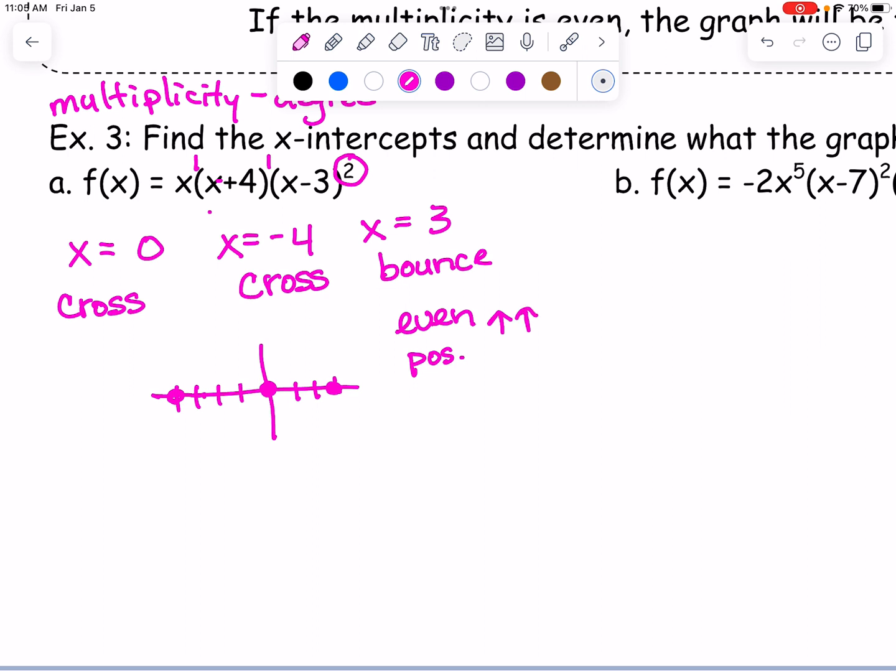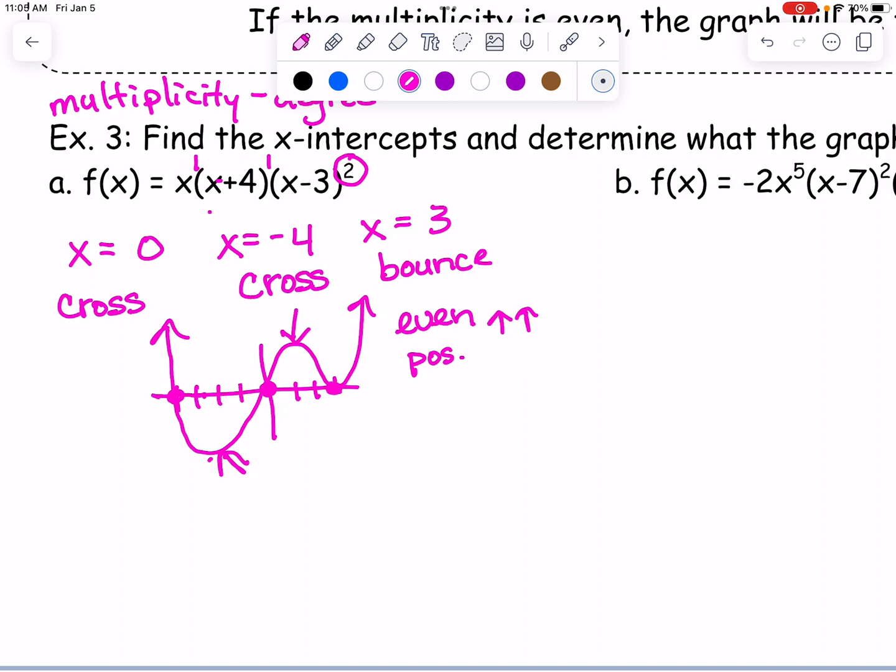So it's going to come from the top, go through 0, go to 3, bounce, and return. That's what your graph is going to look like. This is not an exact graph, this is just a sketch. What we don't know is where the turning points are.